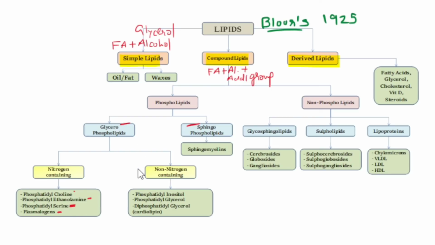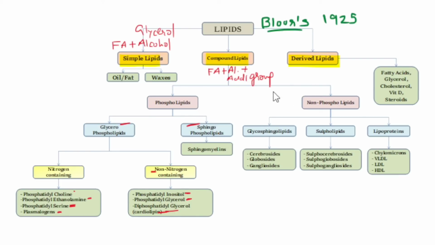If glycerophospholipids have a non-nitrogenous compound: phosphatidyl inositol, which is important for hormone action; phosphatidyl glycerol, lung surfactant; cardiolipin, which is important for mitochondria, and also check out antiphospholipid syndrome.